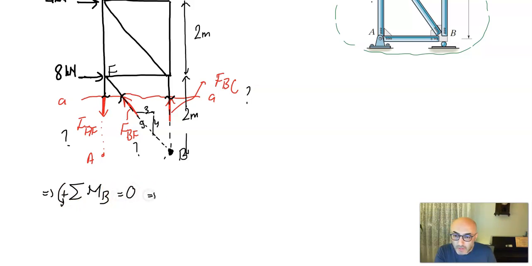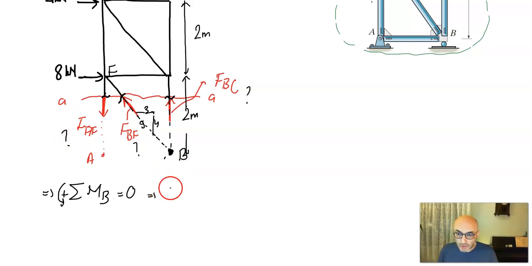In this equation we're going to eliminate FBF and FBC, because their extensions intersect at point B, so they won't be in this equation. Only one unknown, FAF, will be in the equation.